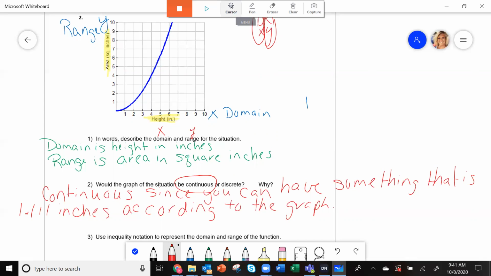Okay, so when you're measuring something in height, I mean, we can have any number when you're talking about height, because as people grow and or you cut things, it can be any length and any width.